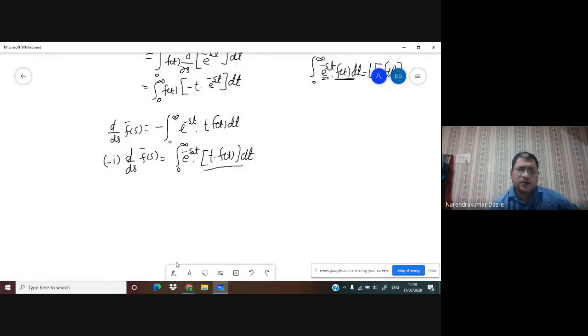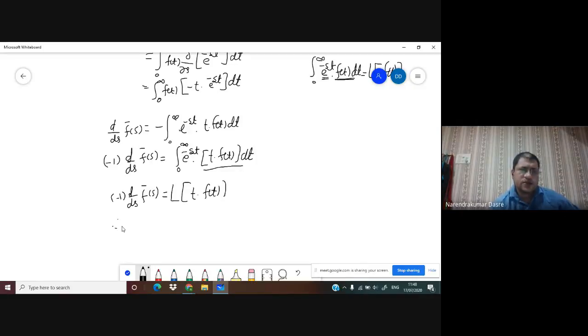So you can see the function here is t into f of t. So what is the right hand side? The right hand side is actually the Laplace transform of t into f of t. So what is the left hand side? Minus 1 d by ds f bar of s.